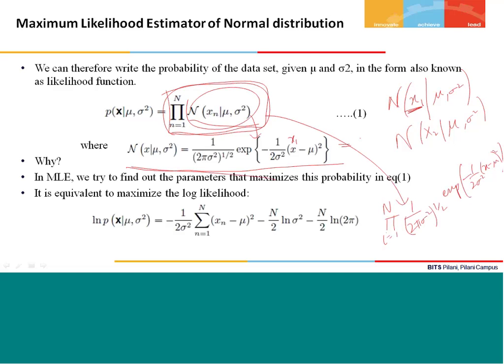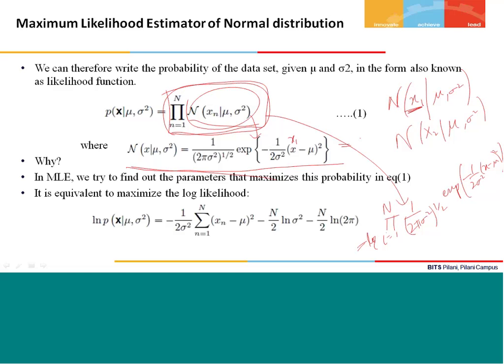Now, we already discussed that if we want to find out the maximum likelihood function, we can take the log of it. This will not affect anything, but it will make our analysis easy in terms of mathematics. So if I take the log of this expression, log will convert the product terms into the sigma term, right?